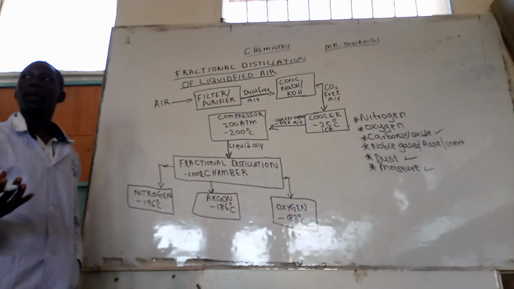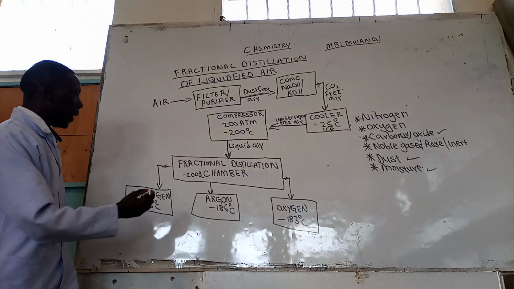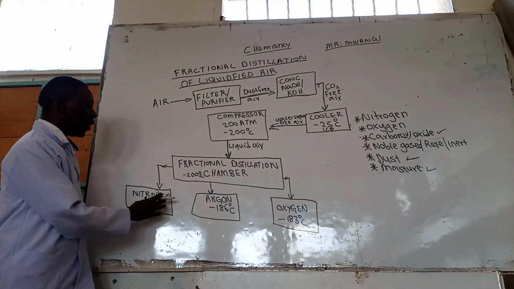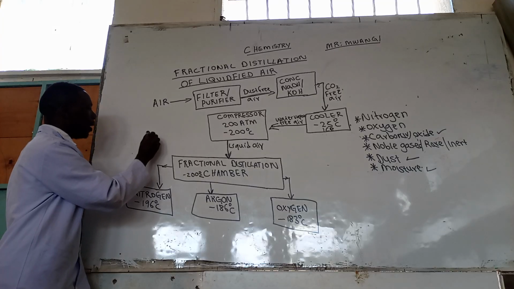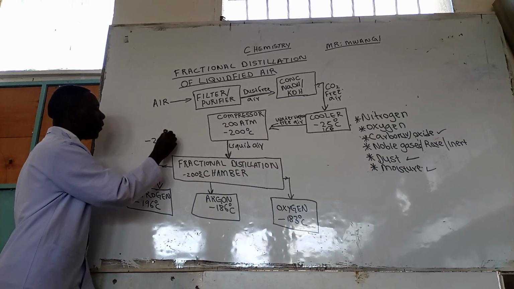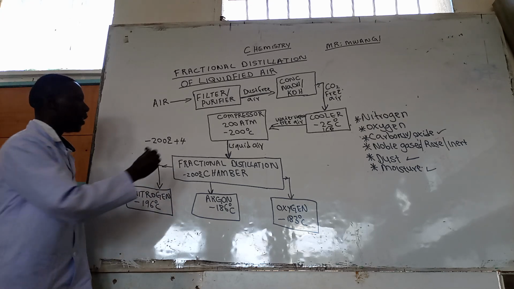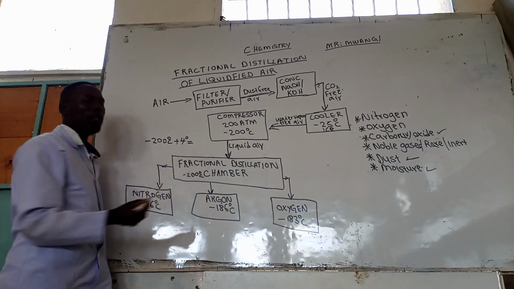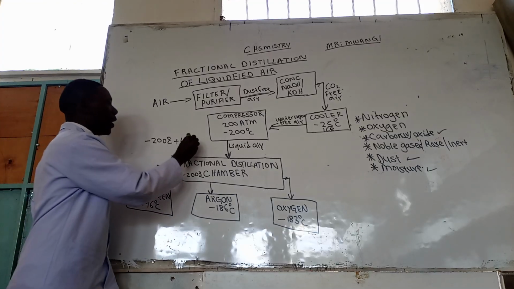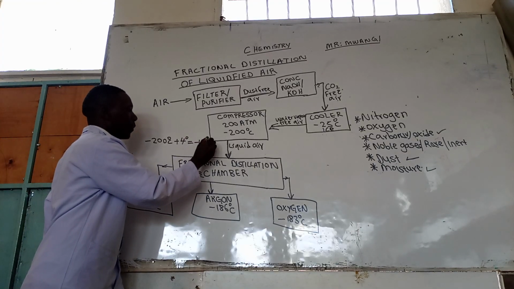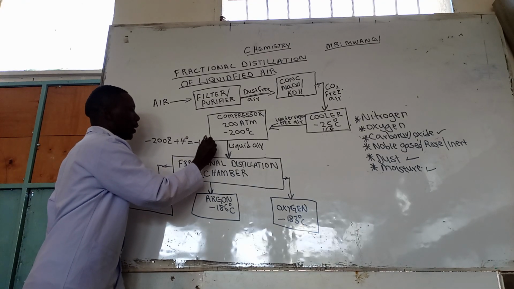So when we add temperatures slowly, first of all we add 4 degrees from negative 200 degrees, so we end up with negative 196 degrees Celsius.